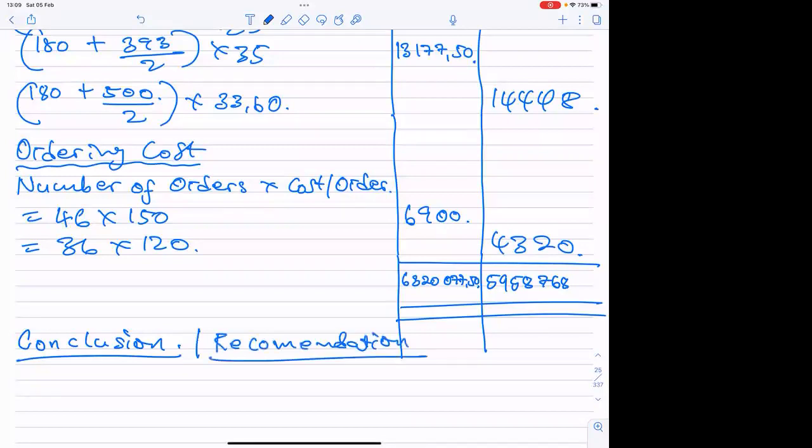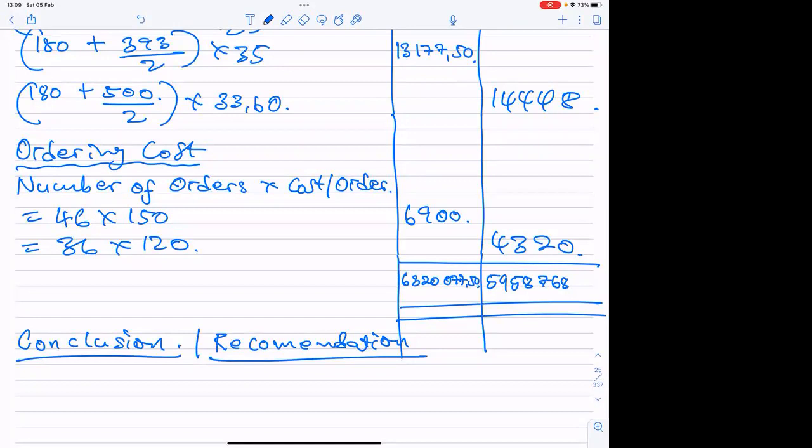What should the entity do from what you have calculated? I think the special, it's the deal. Whichever has the lowest cost, go for it.